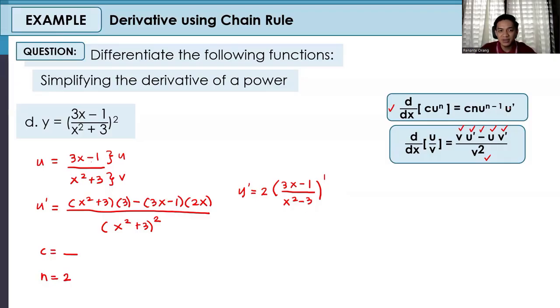Last thing is our u prime. Let us copy-paste all of this. We have x squared plus 3 multiplied by 3 minus 3x minus 1 multiplied by 2x, all divided by x squared plus 3 squared.